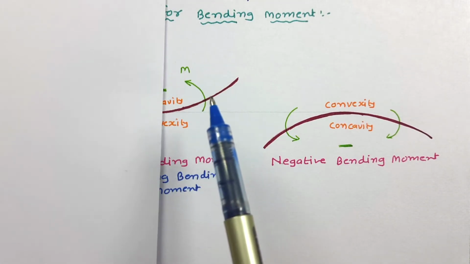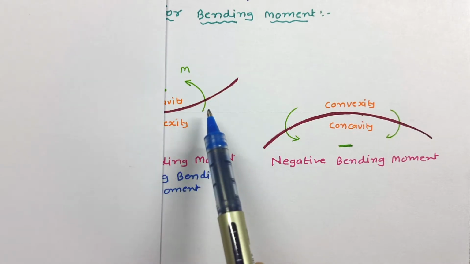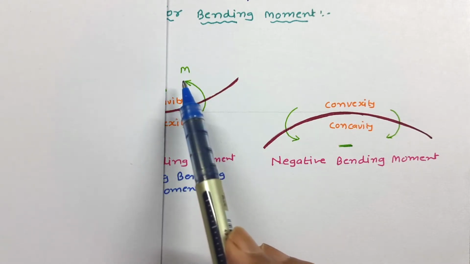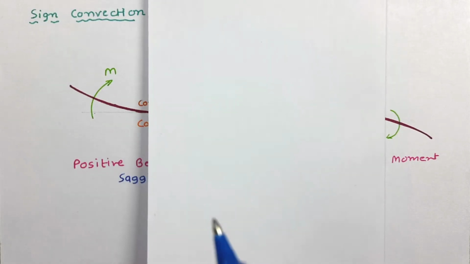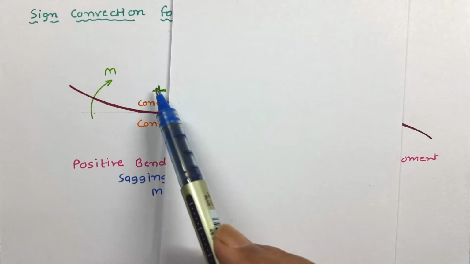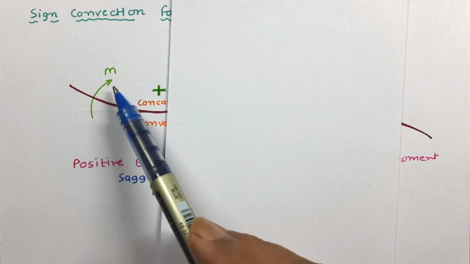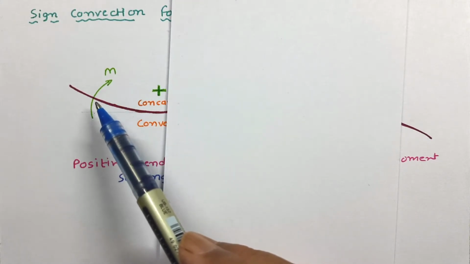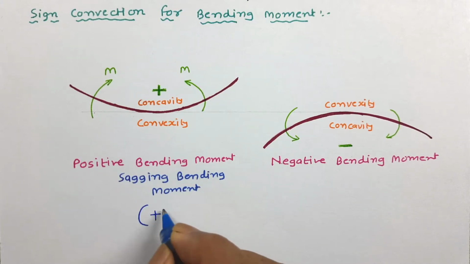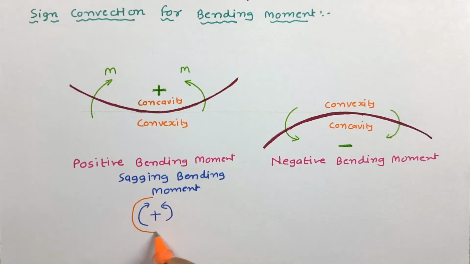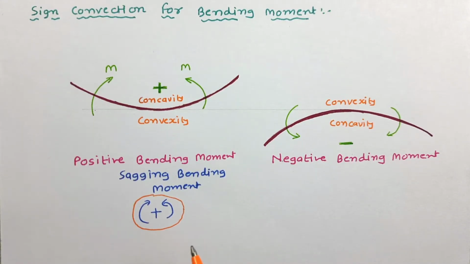At any particular section, when on the right hand side anti-clockwise moment is acting, that is positive, or we can say at any section on the left hand side when clockwise moment is acting, it will be positive. So this symbol is important for us, and we will remember this symbol of sign convention for bending moment.